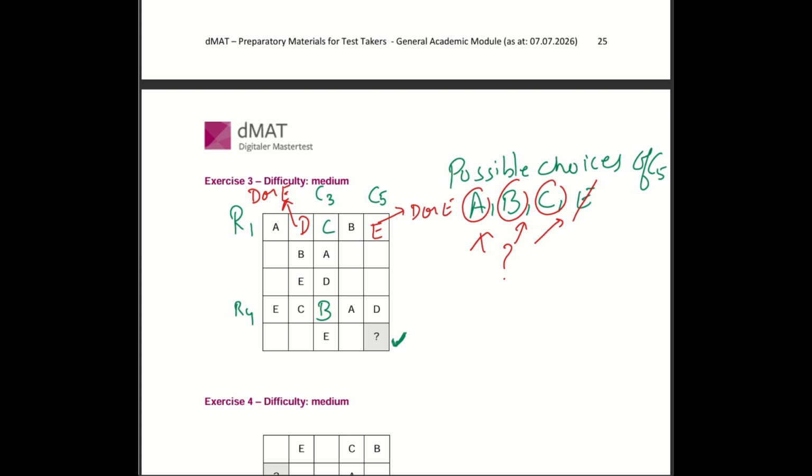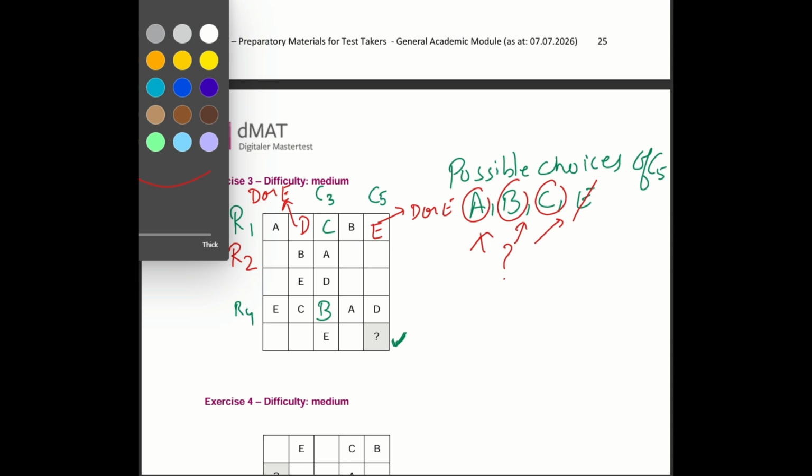Now move to another column or row. Any other row or column that we can fill up? Okay, let's move to row 2 here.